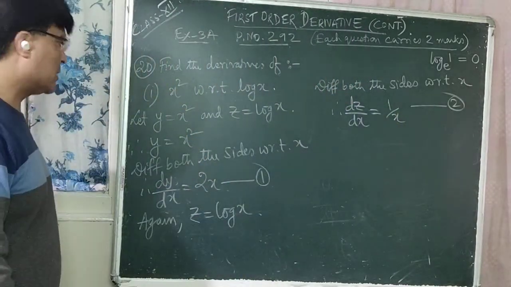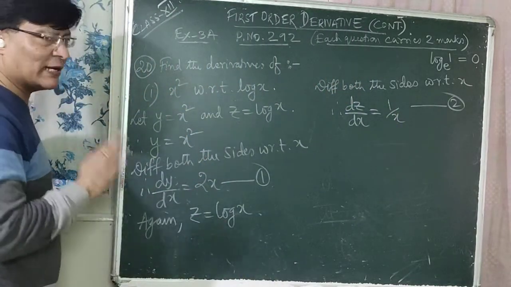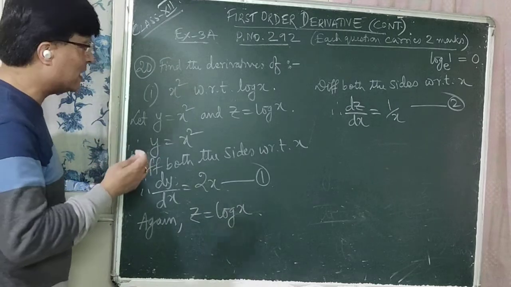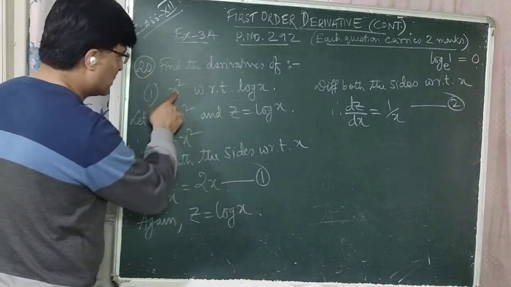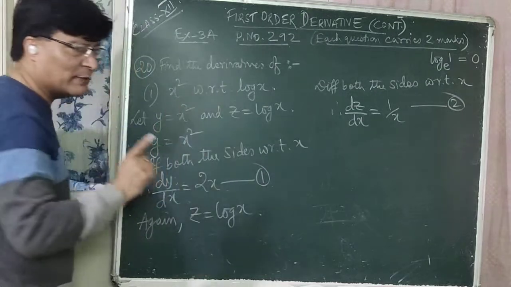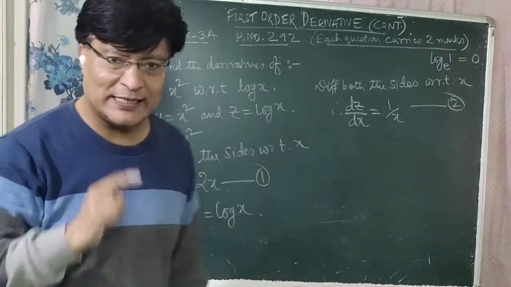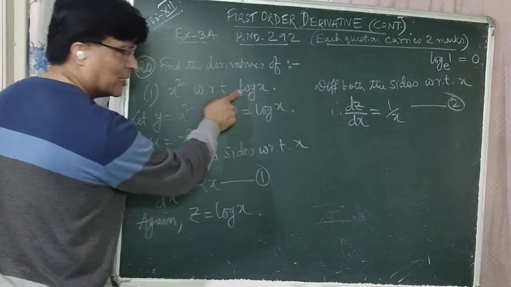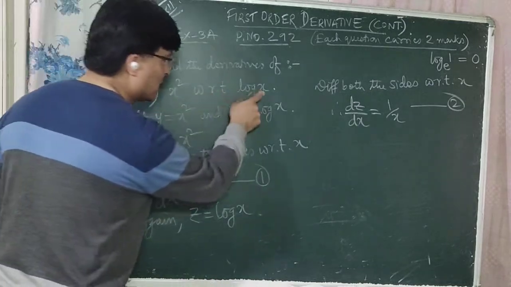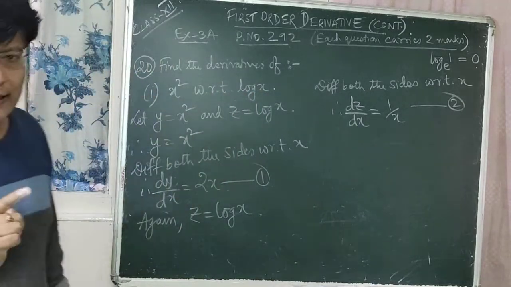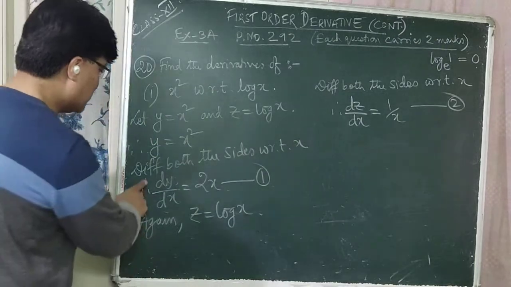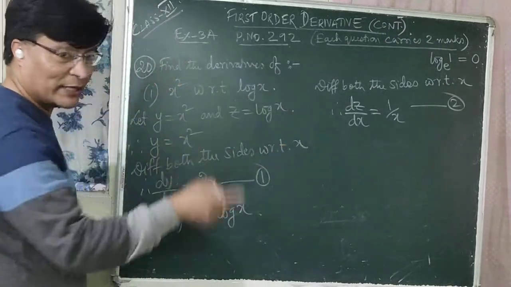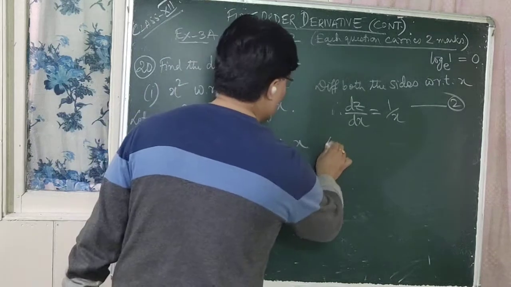Now what is to be determined here? You have to find out the derivative of y with respect to z. That means you have to find out dy by dz, not dz by dy. So how can you get dy by dz? You have to divide 1 by 2.